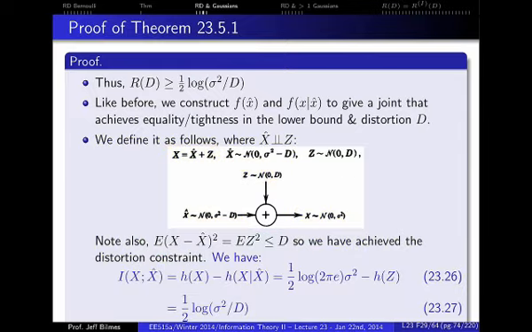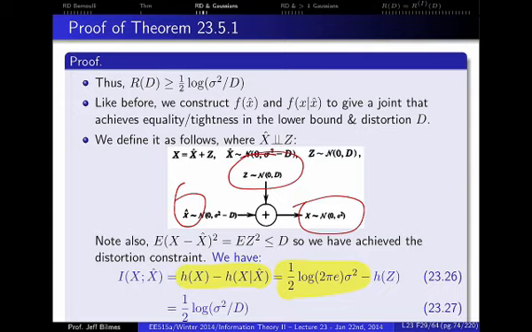So the mutual information then, at the bottom, is the difference of entropies. X is again Gaussian, and then there's the entropy of x given x hat. So given x hat, the entropy of x is entirely determined by the entropy of z, right?